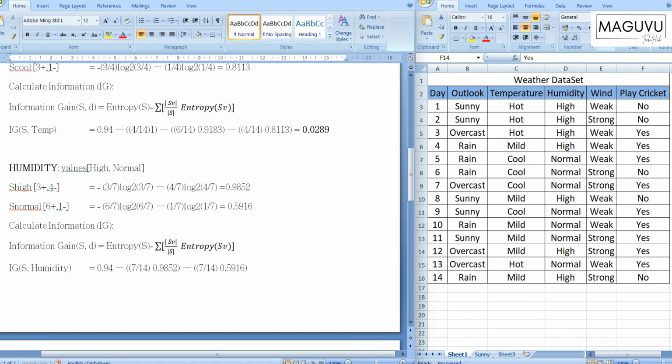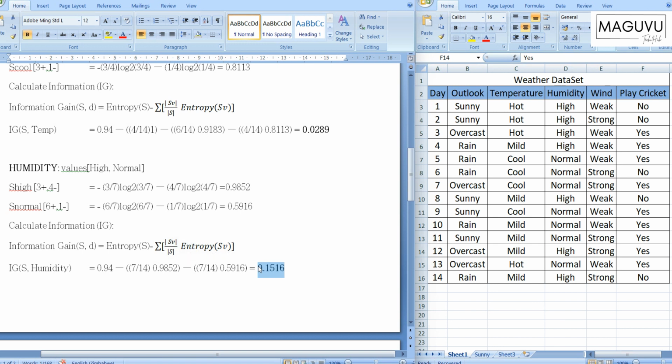This then gives us a value of 0.1516. This becomes the information gain of humidity.